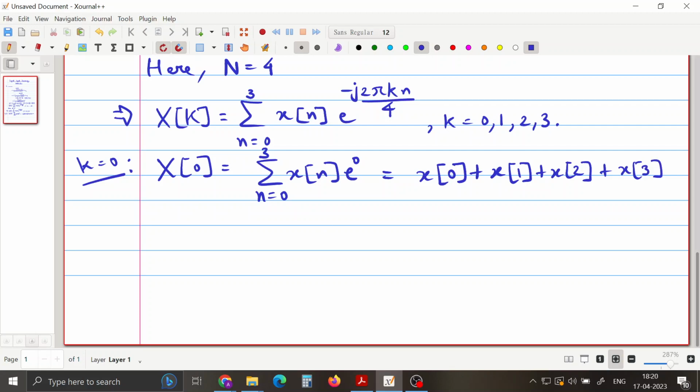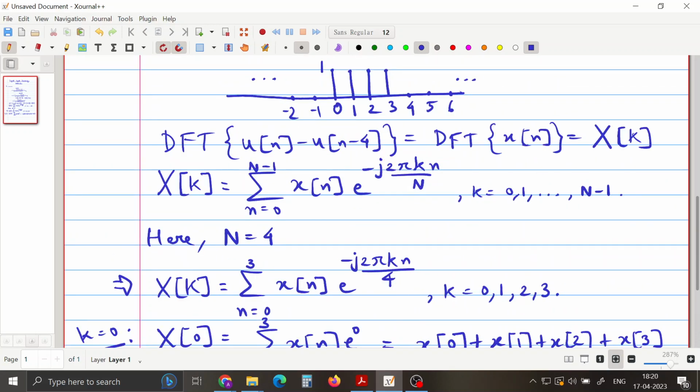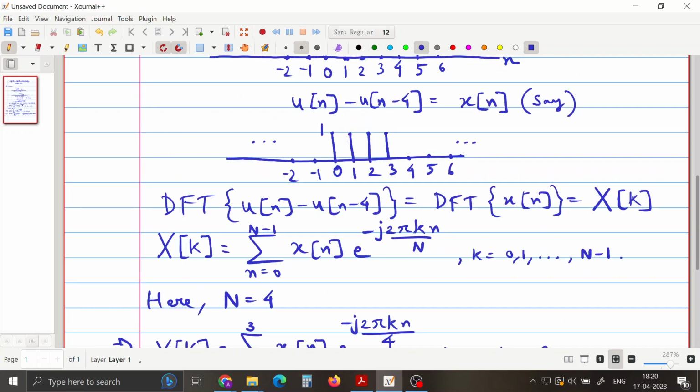And what are these values of x of 0, x of 1, x of 2 and x of 3? What is our x of n? Our x of n is this, u of n minus u of n minus 4. So it takes the value 1 for n equals 0, 1, 2 and 3, right?